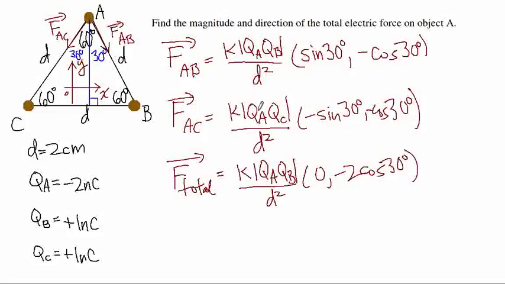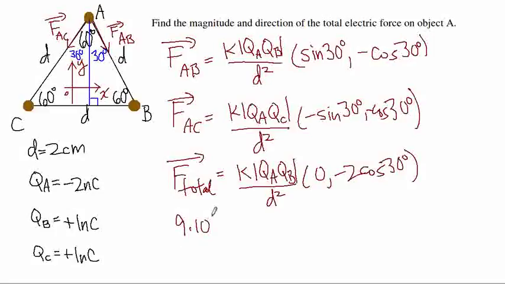Okay, and so the absolute value of the Y component will give the magnitude, and the direction will be directly downward, because the X components cancel. Okay, so let's go ahead and calculate the magnitude then of this vector.